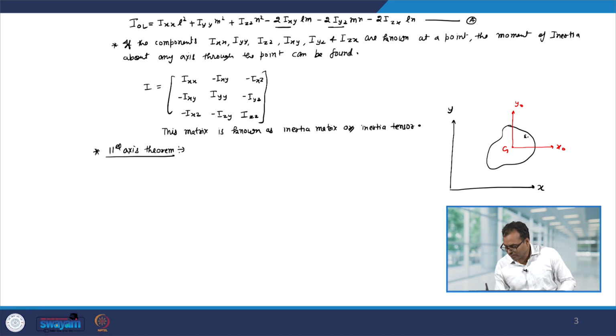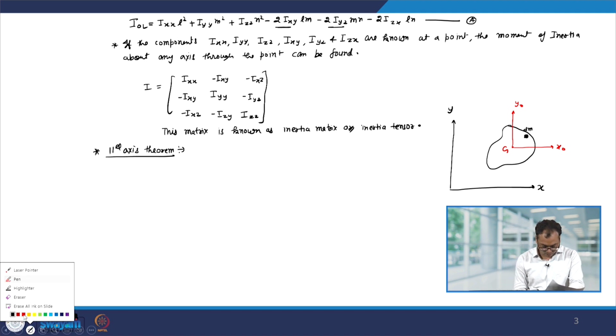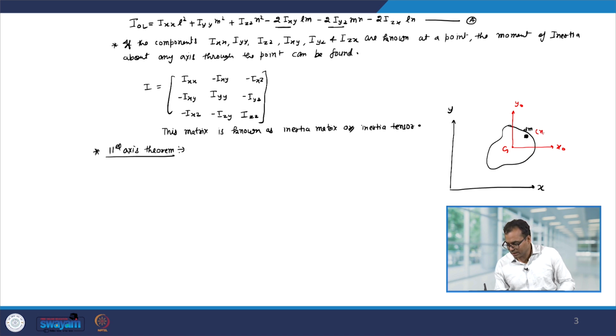Let us take a small mass dm, and in x naught y naught coordinate system, its coordinates are x naught and y naught. Similarly, in x y coordinate system, the coordinates are x and y. Let us say this x naught and y naught are situated at a distance of dx and dy. So, this is dx and this one is dy.